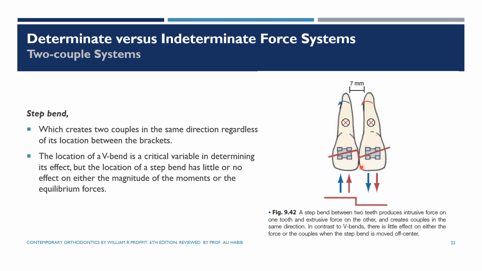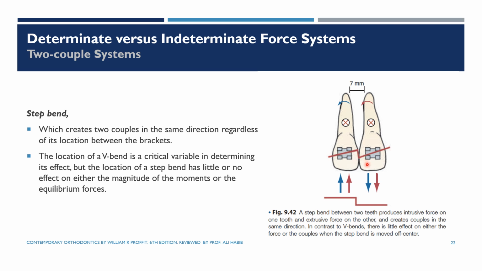With the step, this segment of the wire will be below the bracket, so to activate it you have to raise the wire up. Raising the wire up will activate the moment on this tooth, in this direction, which is counterclockwise. So expect this tooth also to feel counterclockwise. When we put a step between these two teeth, we expect the two teeth to rotate counterclockwise.